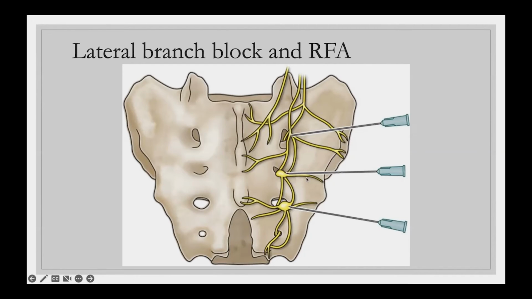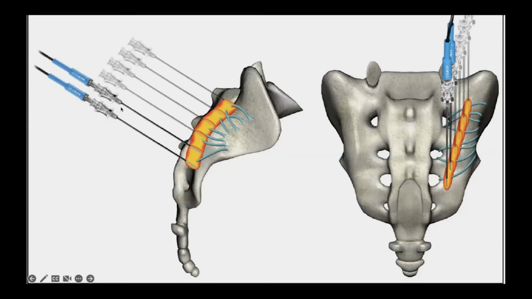So we can go and block them. And then if you get good pain relief, we can go and burn off or ablate these nerves. So a very similar concept to what we talked about before. This is just a demonstration of that from the side view. And then these are those needles as well as the inside filament.